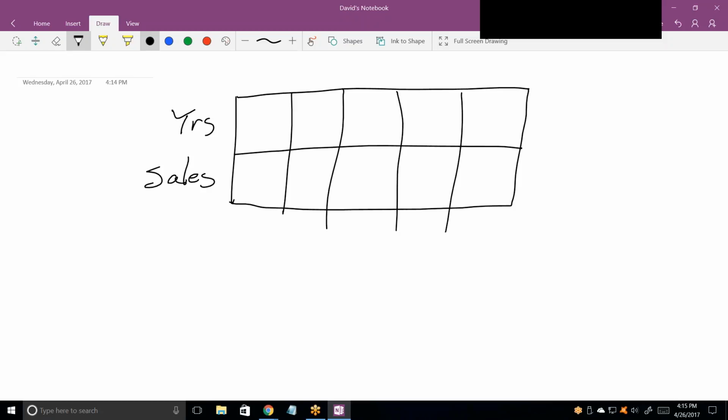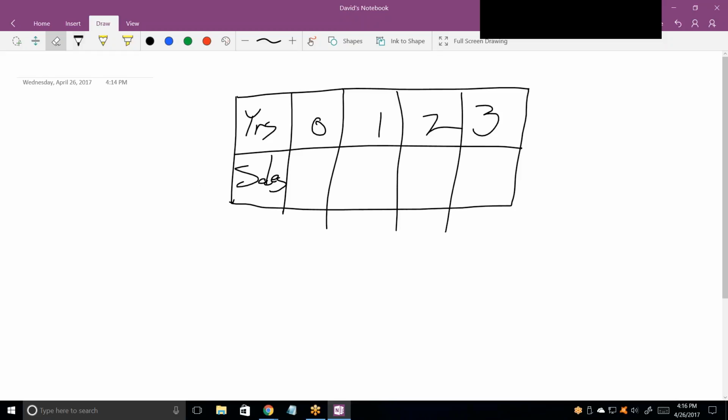So the years ones are 0, 1, 2, 3. On the bottom, it's 5,000, 4,000, 3,200, and the last one is 2,560.